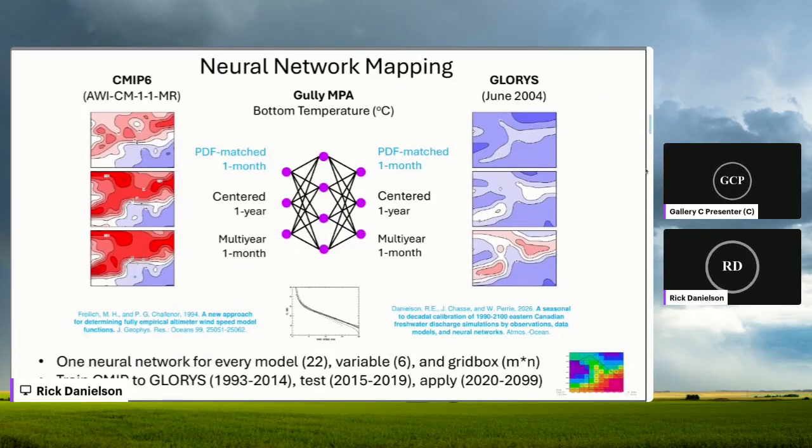Having interpolated the CMIP model data to the GLORYS grid, we're then taking basically monthly data and a centered 1-year average centered on that month, and then a multi-year average for that particular month, both on input and output in the training. So this is for the historical period, and effectively our output is one neural network for every model, variable, and grid box.